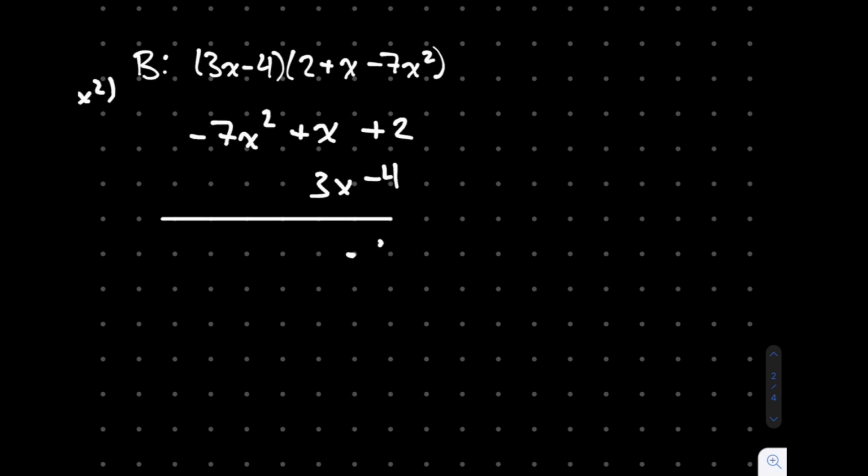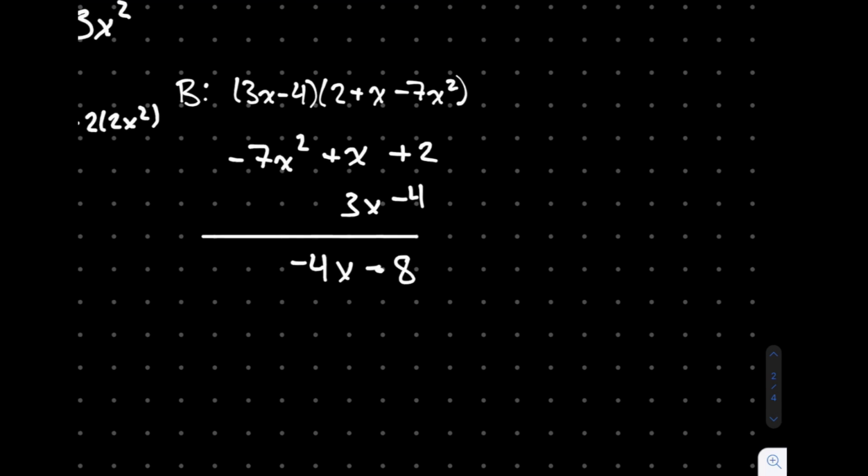So negative 4 times 2 is negative 8. Negative 4 times x is negative 4x. And negative 4 times negative 7x squared is 28x squared. So now I'll drop a 0. And I'll distribute the 3x. So 3x times 2 is 6x. 3x times x is 3x squared.